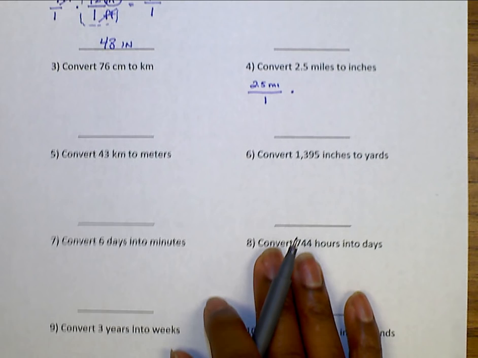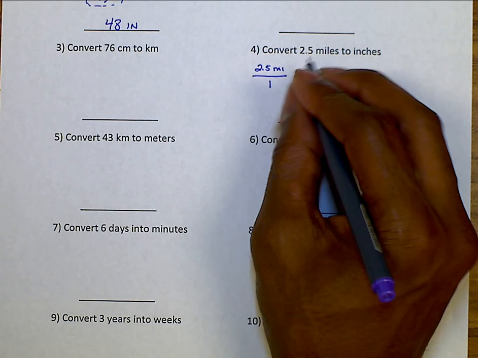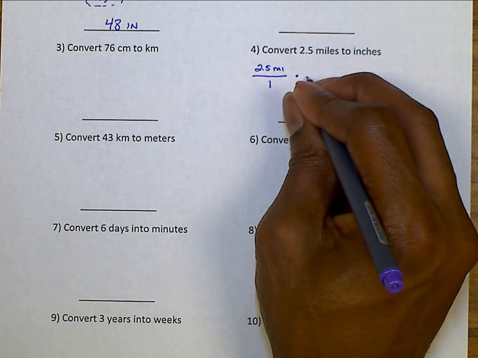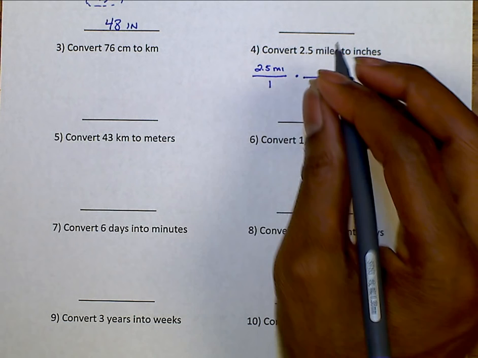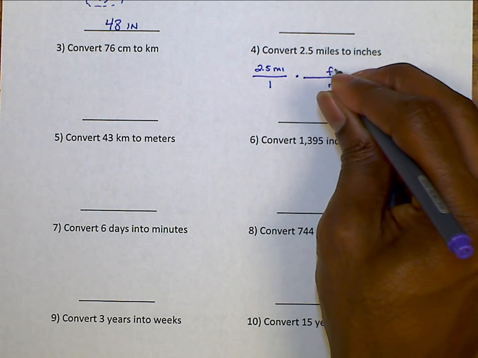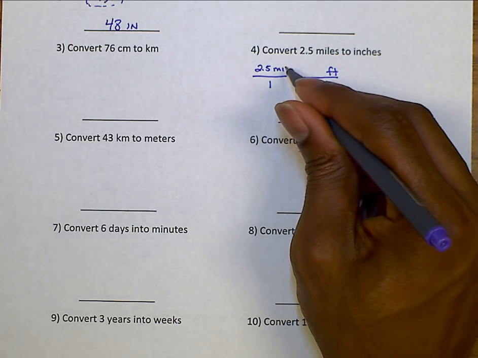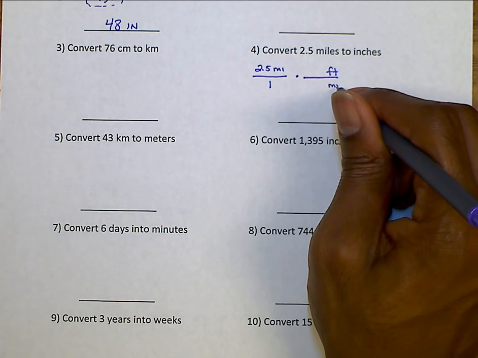I'm not sure how many inches are in a mile. But I do know, and you should know from your conversion sheet, that we can change miles into feet. And again, notice that because miles is in the numerator in this first one, I know that miles will be in the denominator in the second.